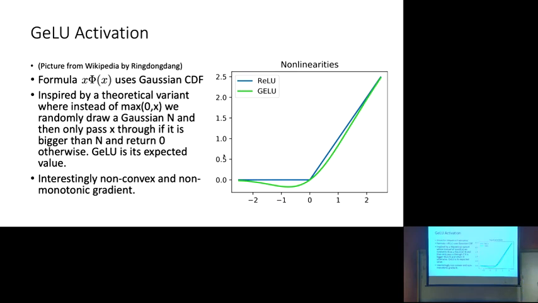Does the non-convexity of the gradient ever cause problems? That's a good question. The traditionalist perspective, looking at optimization problems, would say, this is really weird because it has this non-convex behavior, and the gradient does a weird thing on the other side, so we should be a little bit afraid of it.